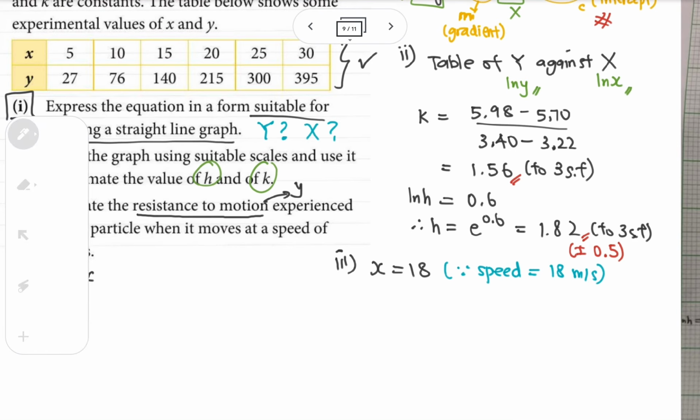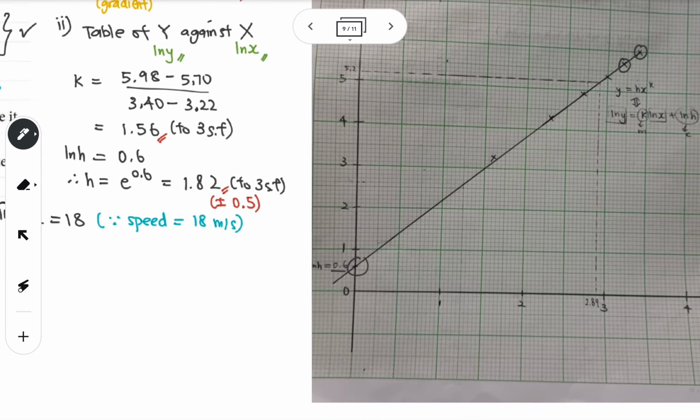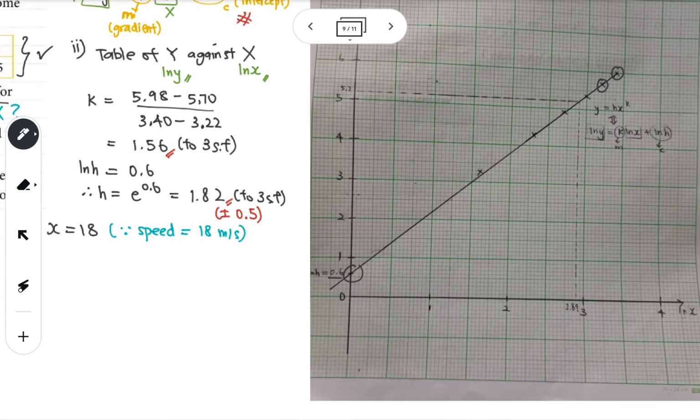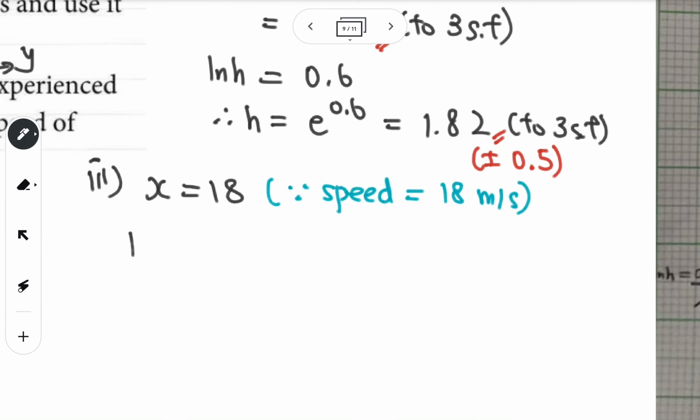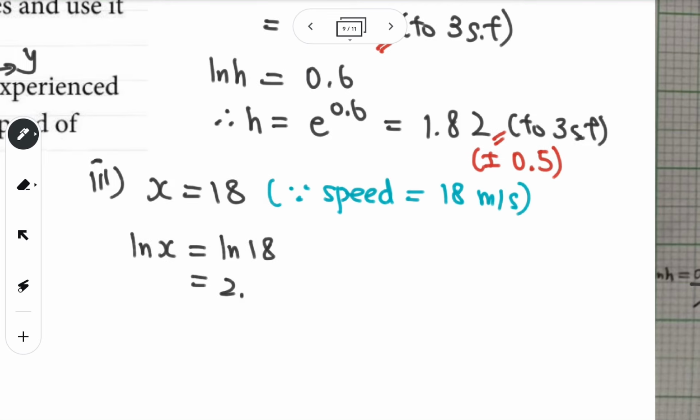But I can't use this value because I'm not having x as my horizontal axis. Instead, I'm using ln x. So let's calculate what is ln x, which is ln 18. When I sub in x as 18, I will get 2.89.